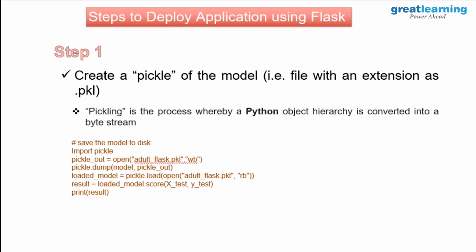Why are we trying to do that? We are trying to do that so that I can use this file for the deployment. The file which you create has an extension of .pkl. The library or the package which you require in Python for creating a pickle is pickle.